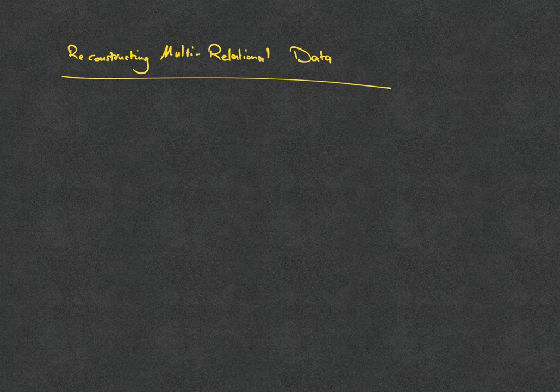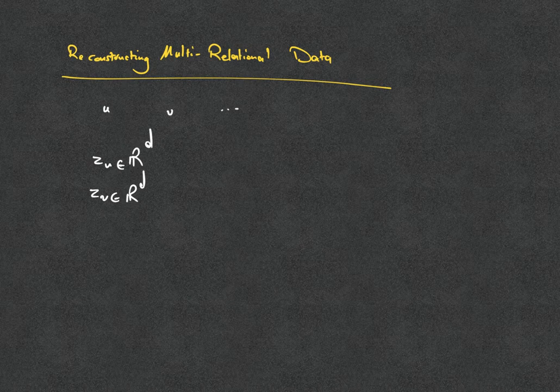So let's talk about reconstructing the multirelational data. What was the goal as we discussed before? Let's say we have a node u, a node v, and a bunch of other nodes. And we have the hopefully low-dimensional representations z_u and z_v. The goal is to be able to reconstruct a relationship between the two.